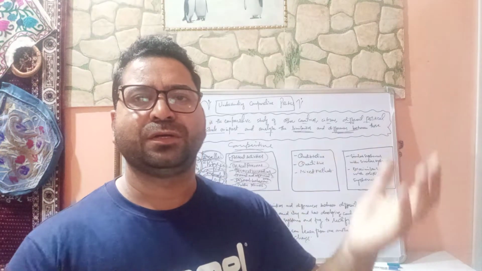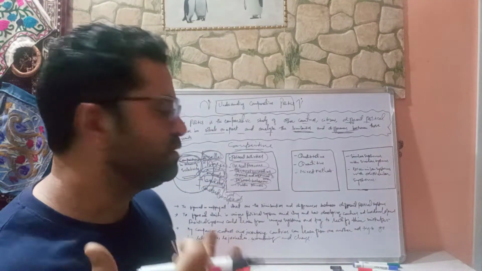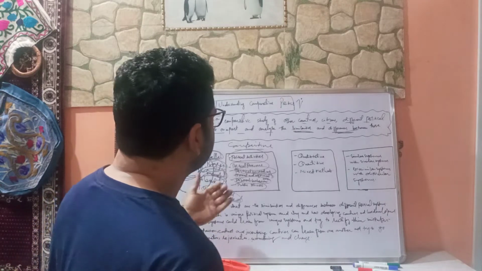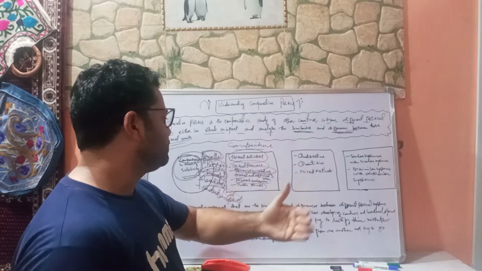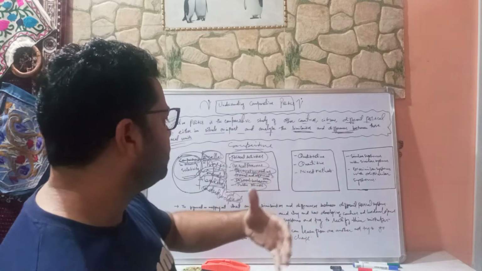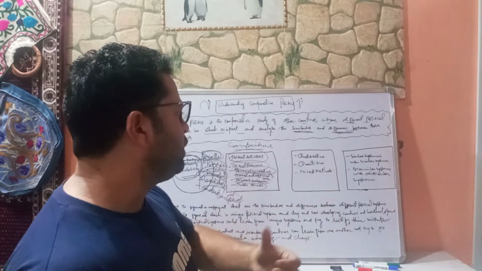So we are trying to see some differences and some similarities when it comes to political activities, political process, political institutions, formal and informal, political behavior, and public policy.